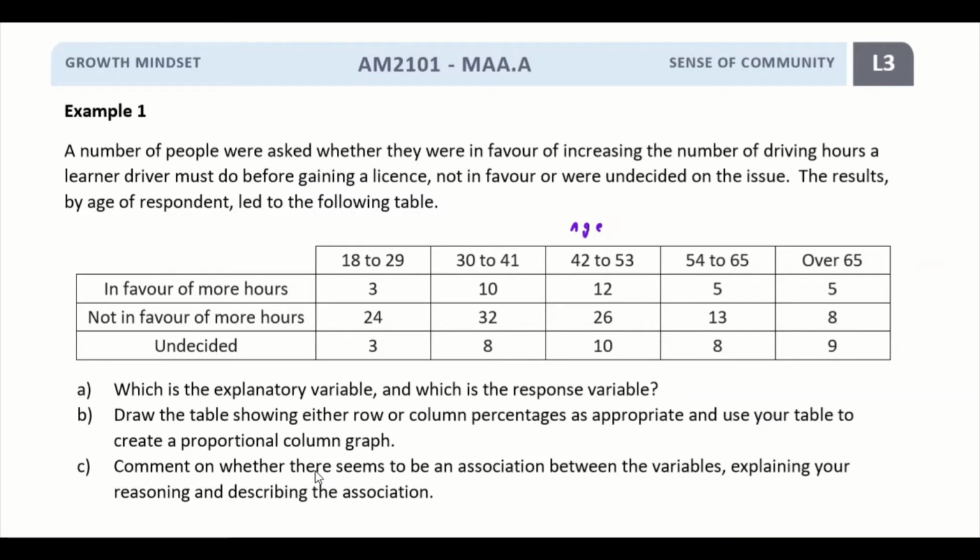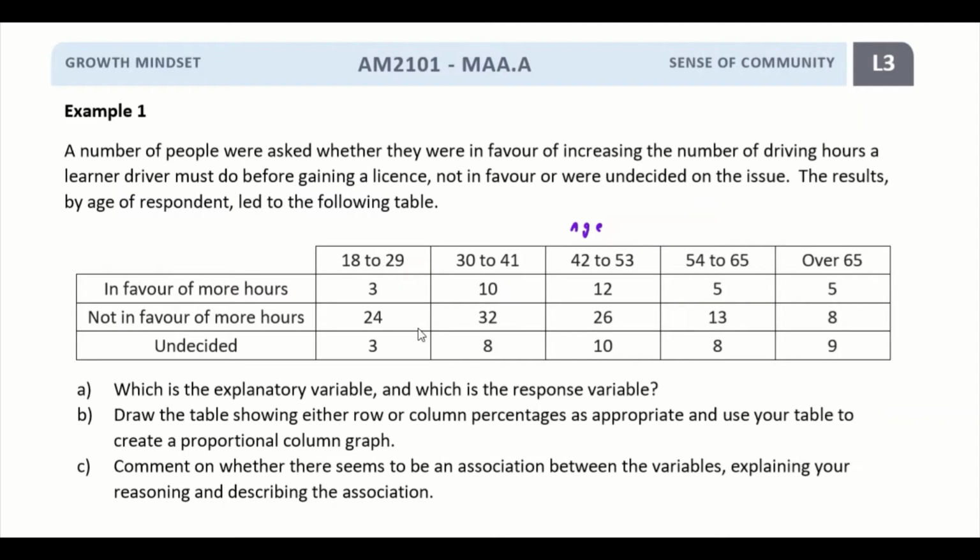Okay, so first thing that we need to do is decide our EV and RV first. Which one do you think comes first? Of course, you can say that by looking at this, I can roughly predict what's their age. But in this case, which one comes first? Like what I said, normally the things that involve some identity that you can't change, like age or gender, normally that's the explanatory variable.